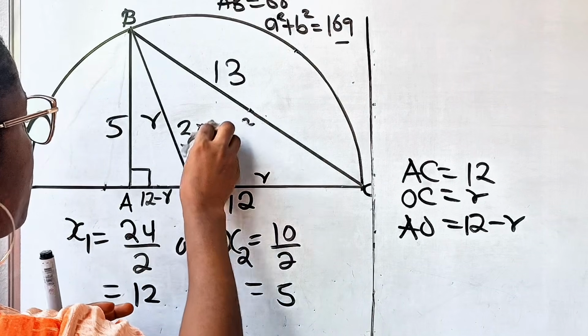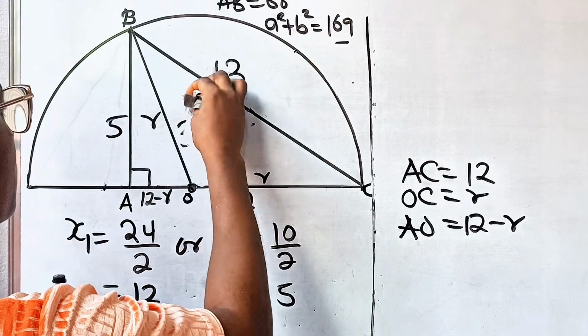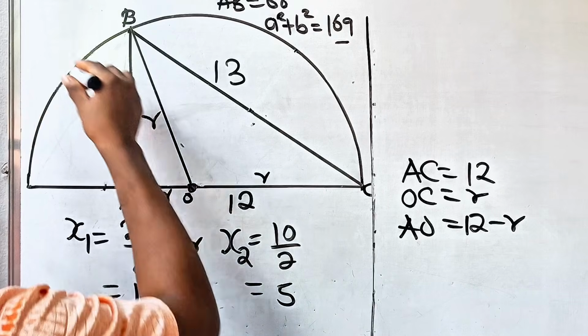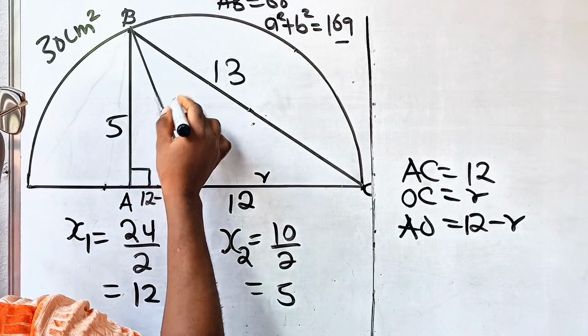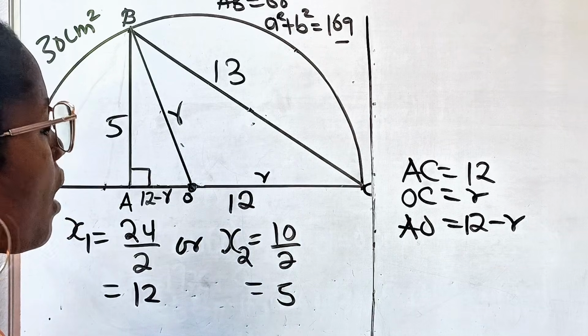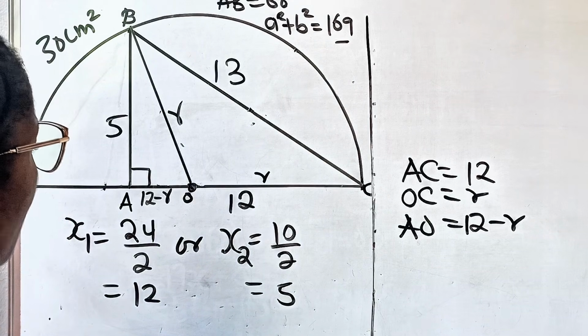You already know this is 30 centimeters squared. So from here to here is our R. Now we are going to find R.